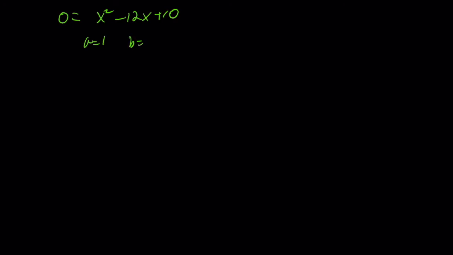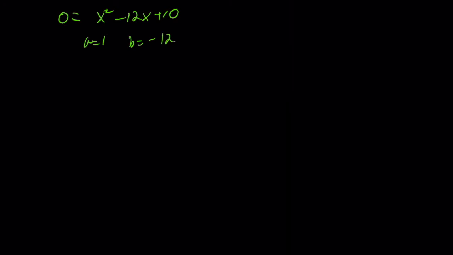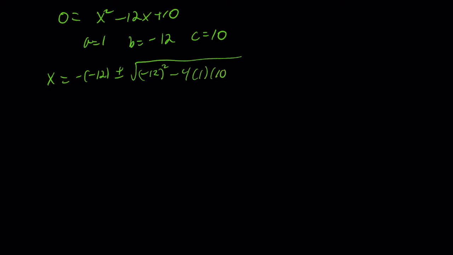So a is 1, b is negative 12, and c is a positive 10. So x equals negative b plus or minus the square root of b squared minus 4ac all over 2a.